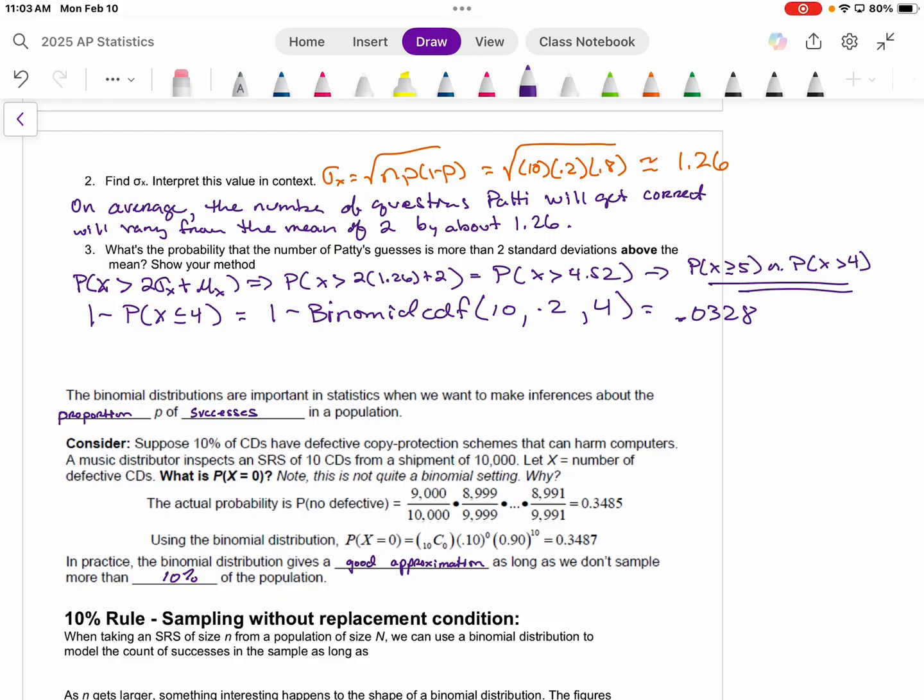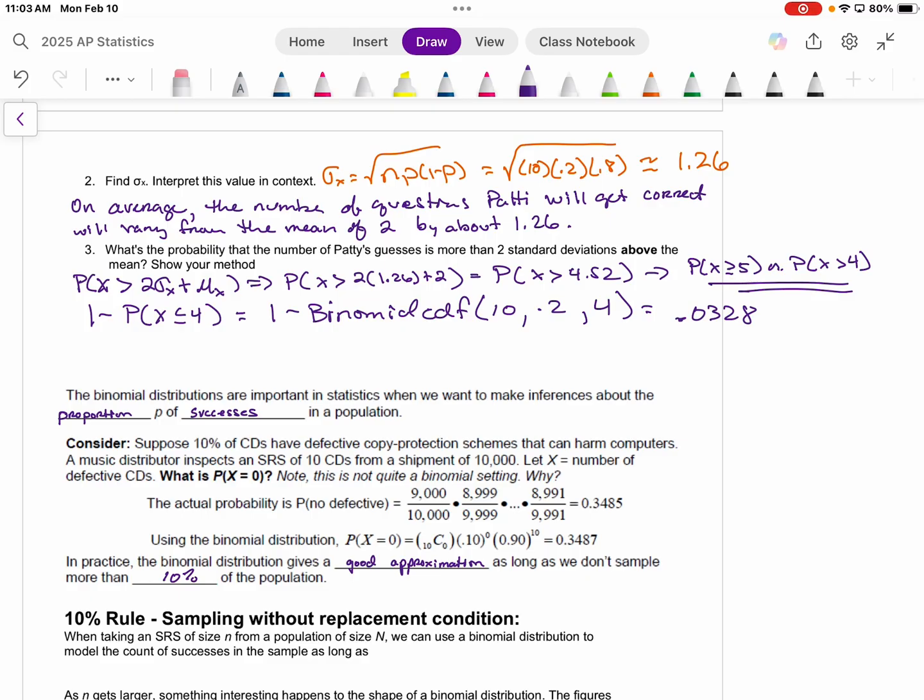So there is a 3% chance that the number correct she guesses is more than 2 standard deviations above the mean. So there's a 3% chance of that occurring. Now, they didn't ask us to interpret it, so I didn't write it down.